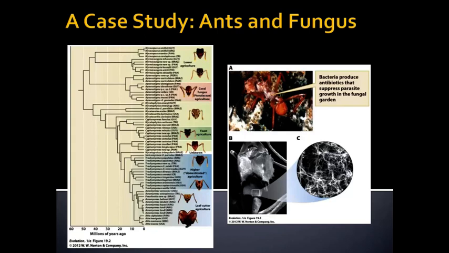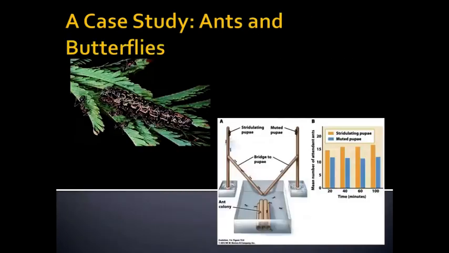So realize that sometimes these interactions can be a little bit complicated, and sometimes they don't fit completely neatly into one of the 6 ecological categories. They might show little signs or elements of 2 or more of the categories. But this is fairly clearly, in this example, a mutualistic relationship between the ant, the fungus, and the bacteria.